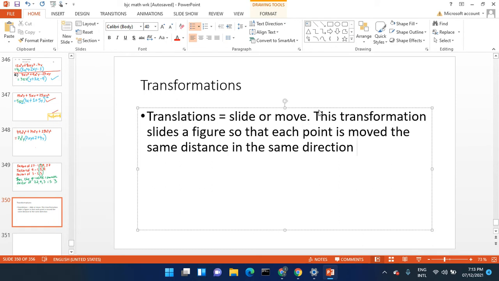So it is a slide. Can you see it? You saw a direction, right? Yes, I saw a direction.